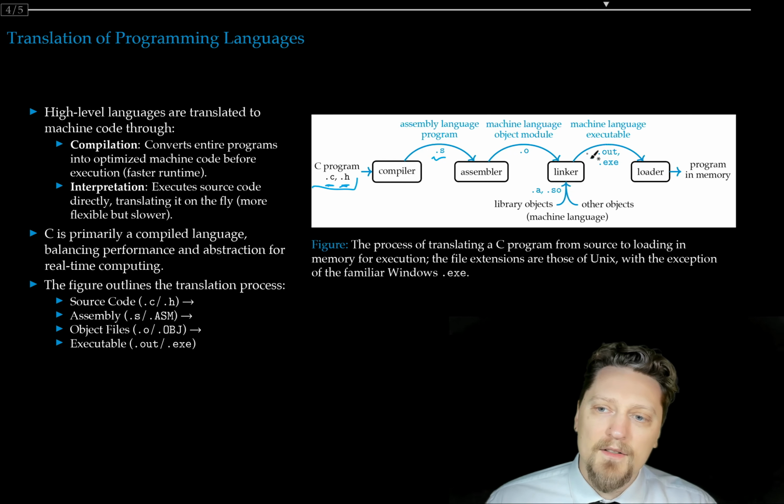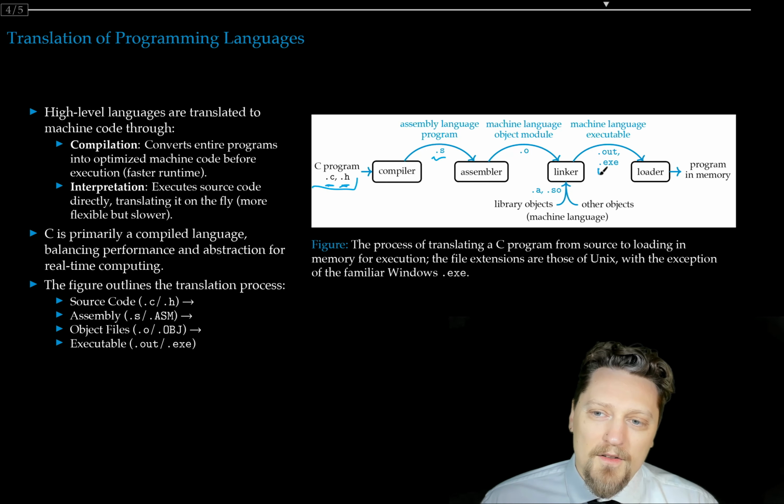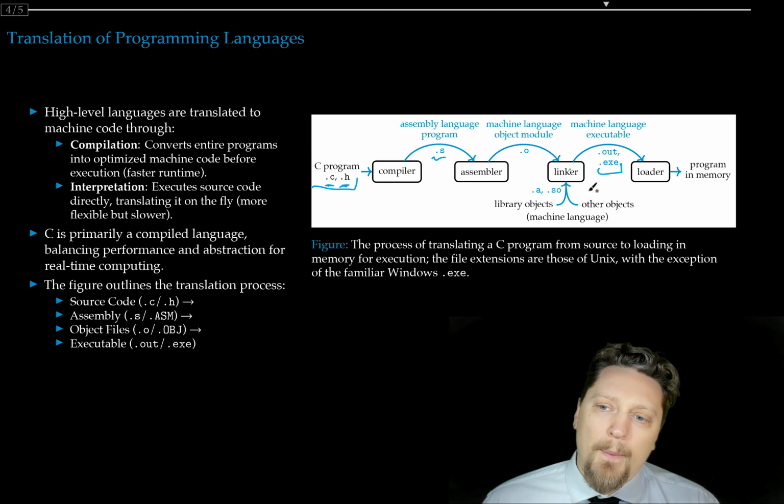So in a Linux environment, which we're using on our target computer, it's a .out file. In a Windows environment, it would be a more familiar extension, the .exe extension. We give this executable to a loader, which loads the program into memory. So then it's ready to execute.